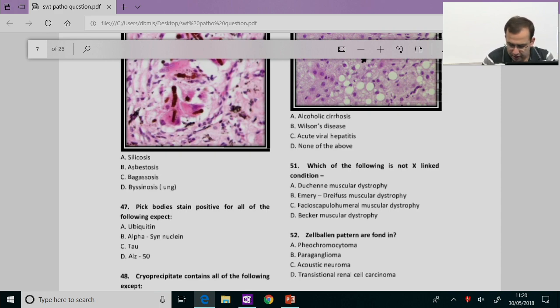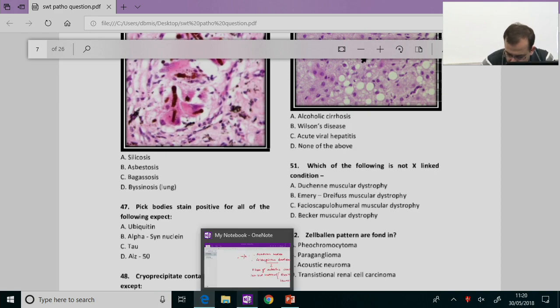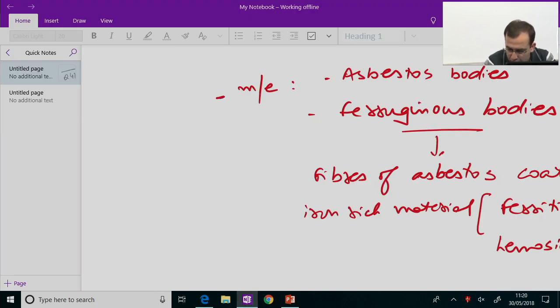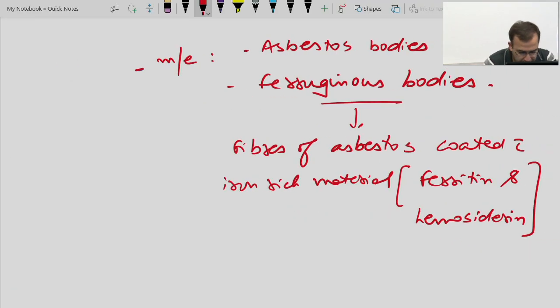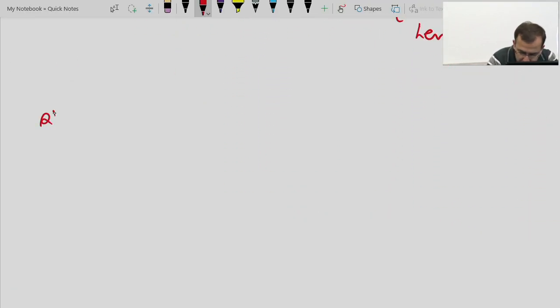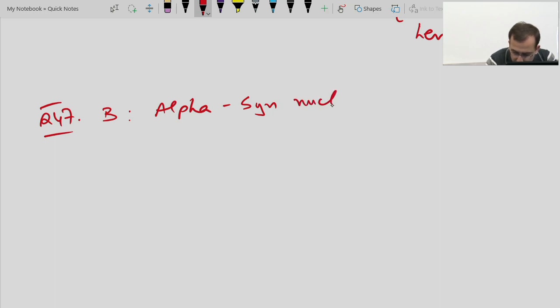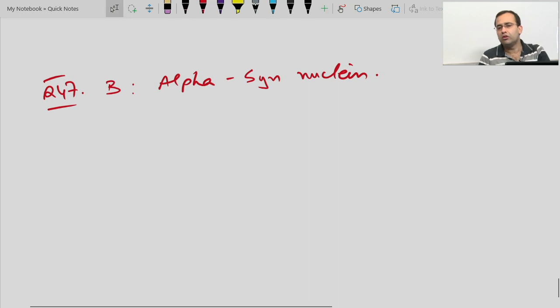Pick bodies are positive for ubiquitin, tau, and ALS50, but they are not positive for alpha synuclein. So the answer to question 47 is B, alpha synuclein. This is a factual question and has to be remembered.